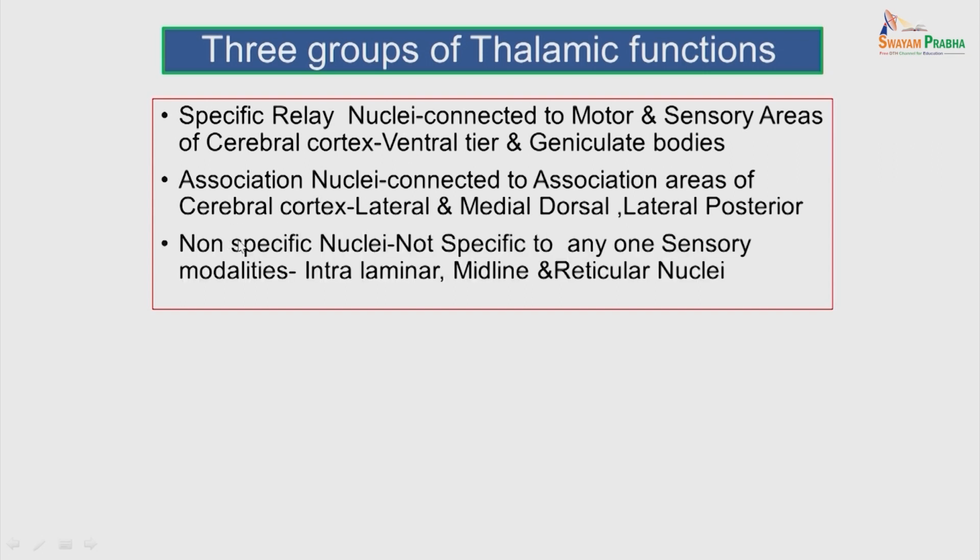Then we have the non-specific nuclei, not specific to any sensory modality. Almost all sensory modalities are involved, like the intralaminar, the midline nucleus and the reticular nucleus. So, on the whole, the thalamic nuclei can be classified as the specific relay nuclei, the association nuclei and the non-specific nuclei.